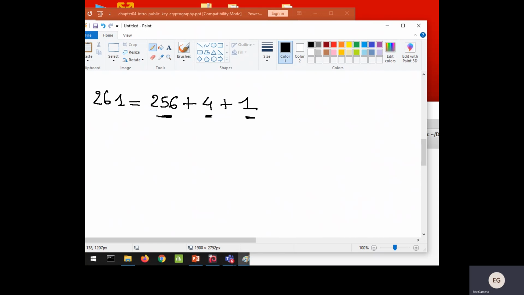Computing the inverse is a little more complex. The modular inverse is a little more complex, but you can write a program like I did. I did a program that gave me the inverse. Of course, you need to know how to do it by hand if they ask you to do it by hand.